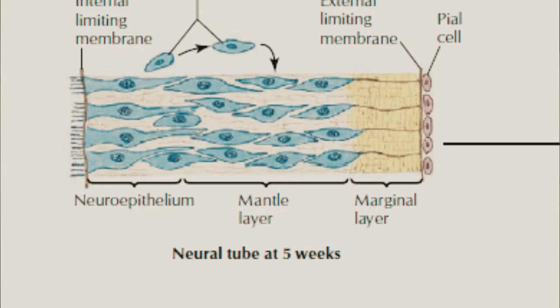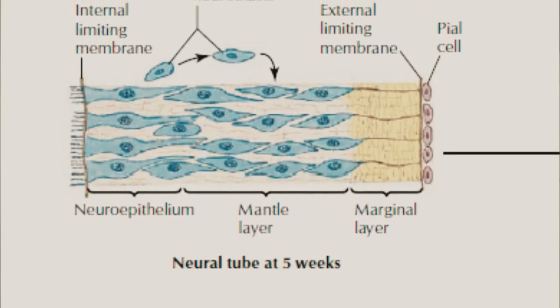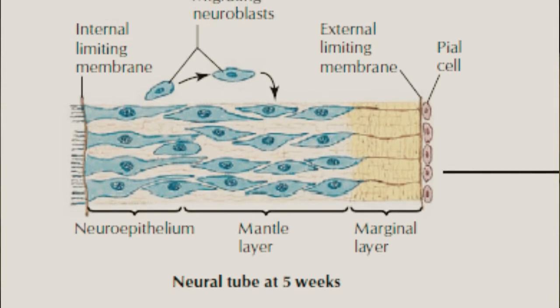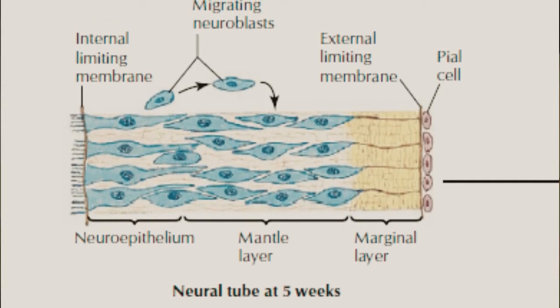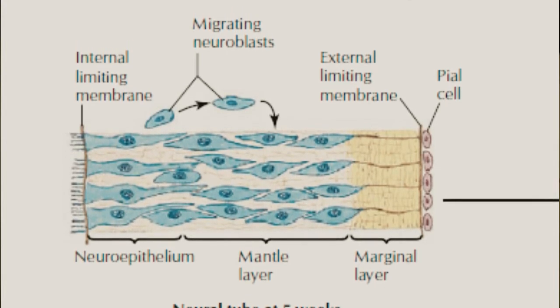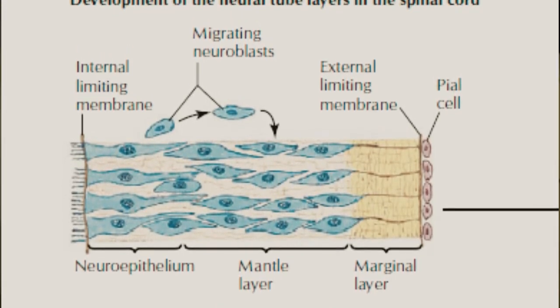So at this point now, we have the neurotube which is having three layers: the neuroepithelial layer, the mantle layer, and the marginal layer. Now, the marginal layer is formed mainly by the processes of the cells which are found in the mantle layer. Mantle layer consists of neuroblasts which are migrated from the neuroepithelial layer.